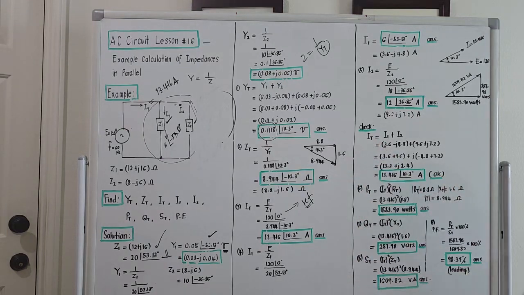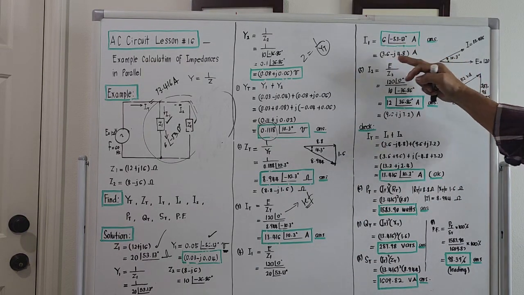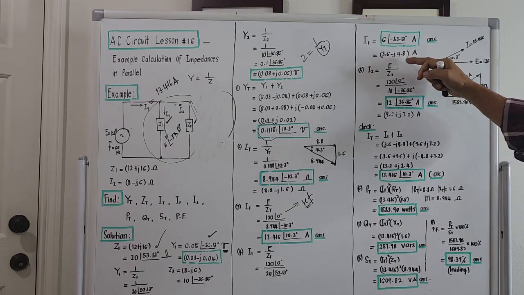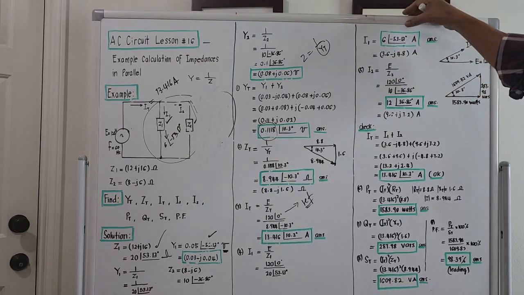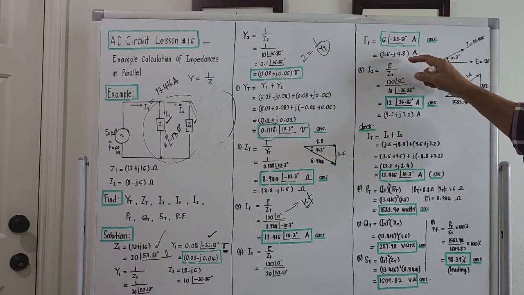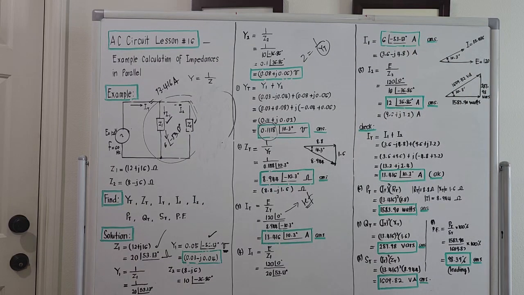It's a complex current, right? Converting this one, it will be 3.6 minus j 4.8. Take the cosine, multiply by 6, that will be 3.6. Take the sine, multiply by 6, that will be 4.8, but it should be negative. This is negative, right?